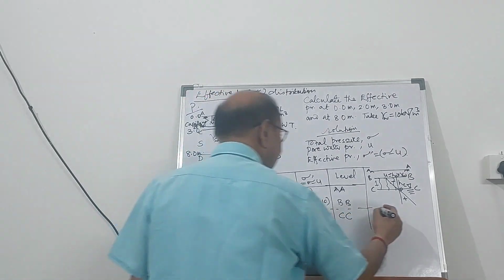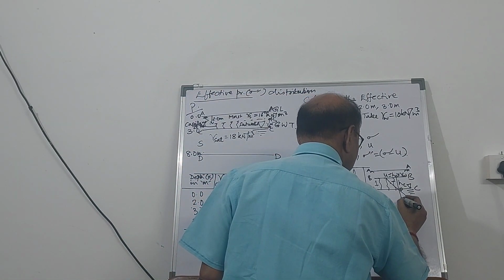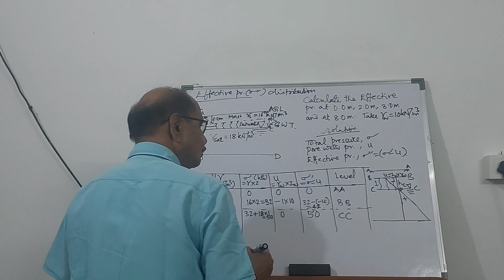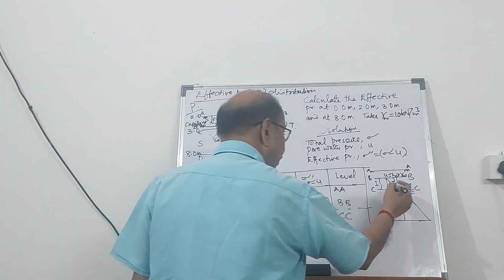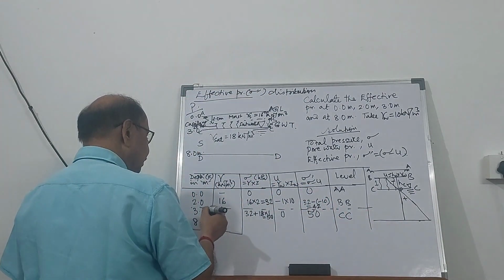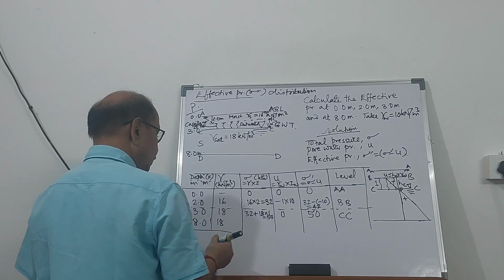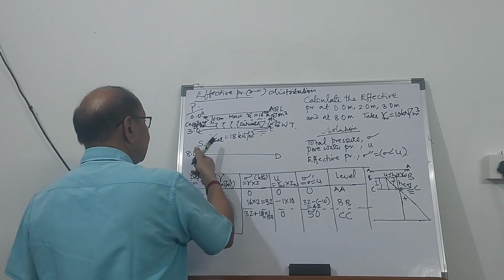And now come to the point at DD. So at DD, the pore water pressure can be computed. At this level, what is the total pressure?